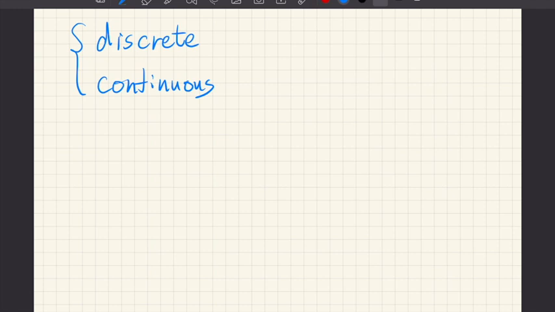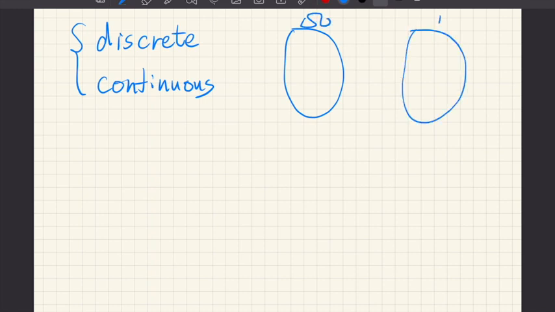Okay, so if we have a sample space and real numbers, and we have a random variable, which is just a measurable function, and if the values of this function are discrete, that means all the possible values of this function are at most countable, then it's called discrete. Otherwise, it's called continuous.